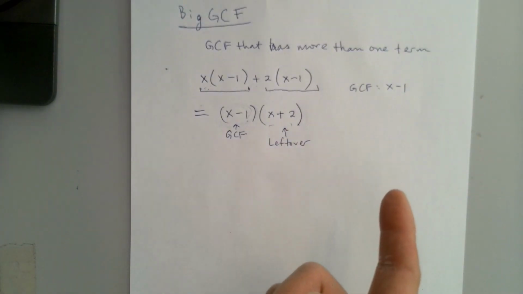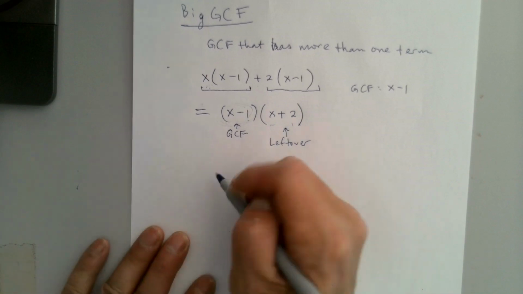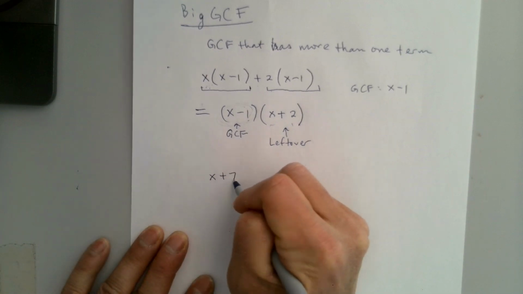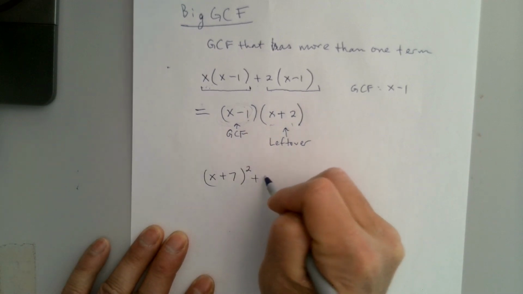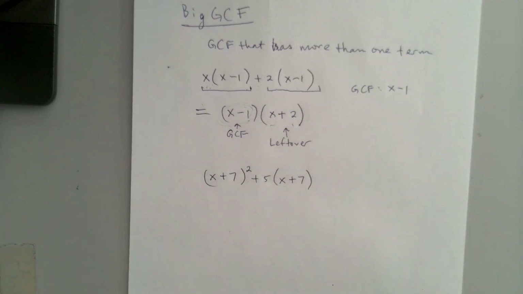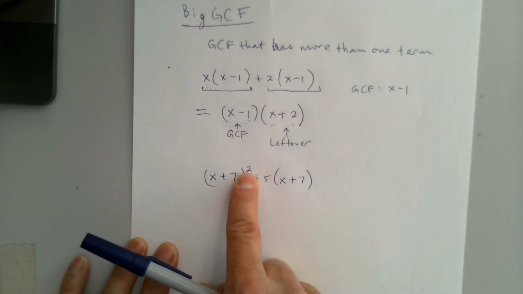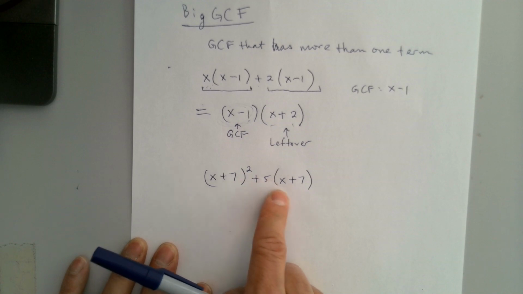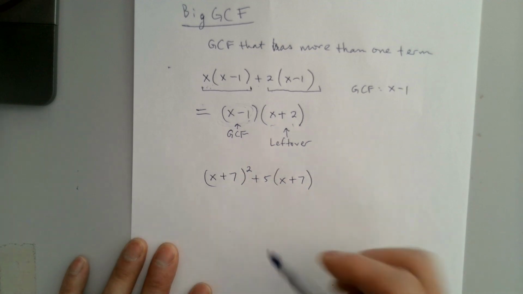Now there's another situation where you might have a big GCF. But on the surface it may not look like a GCF. I have (x plus 7) squared plus 5 times (x plus 7). Again, I have 2 terms.